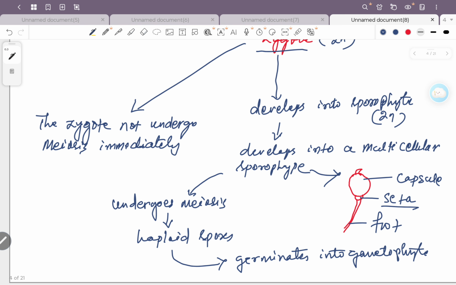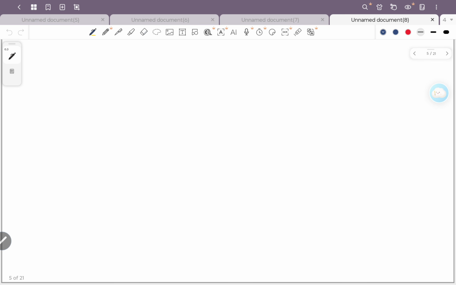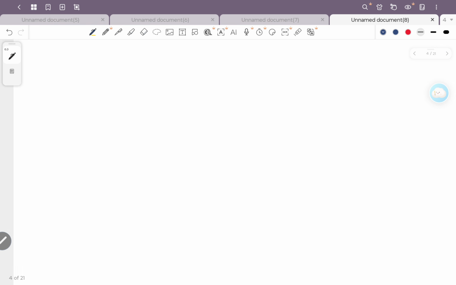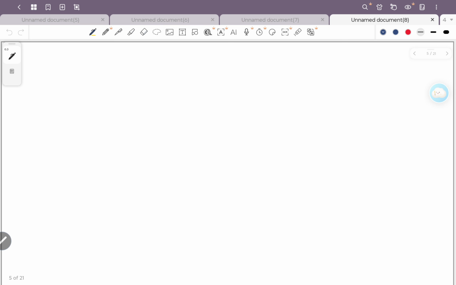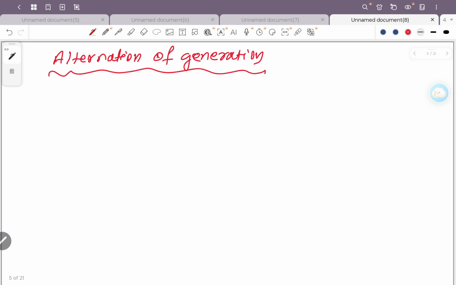Okay, now in this life cycle it shows alternation of generation. So alternation of generation, this is another important question for your exam. What is alternation of generation, and how do the bryophytes show alternation of generation in their life cycle?